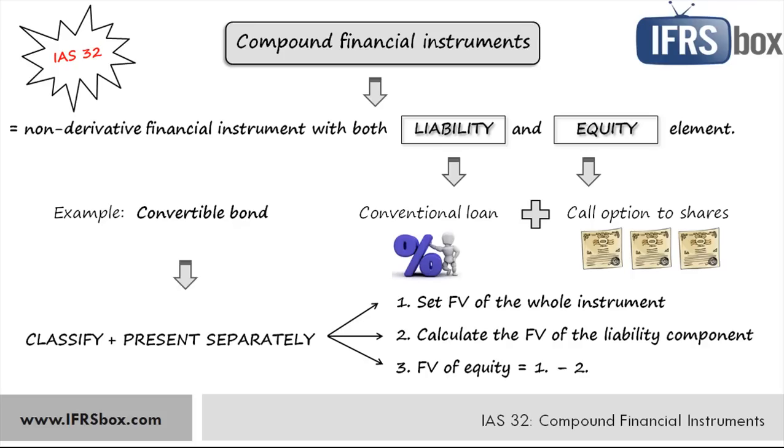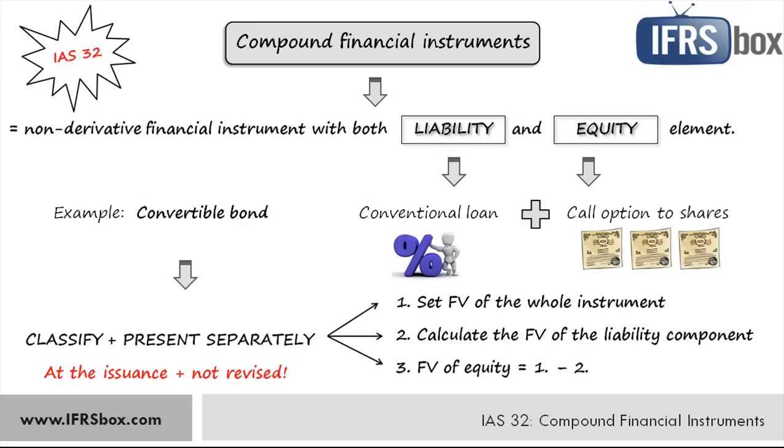Well, this is the so-called with and without method, and although there are more methods of splitting the equity and liability component, this one is probably the most common. The split between equity and liability is performed at the time the instrument is issued and is not subsequently revised for the changes in interest rates or other items.